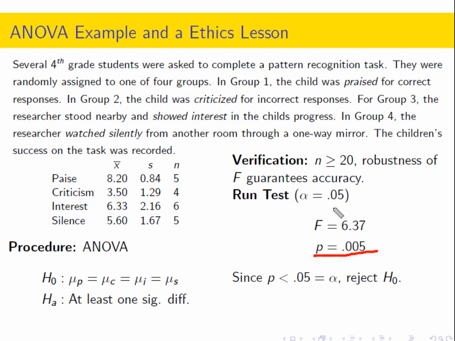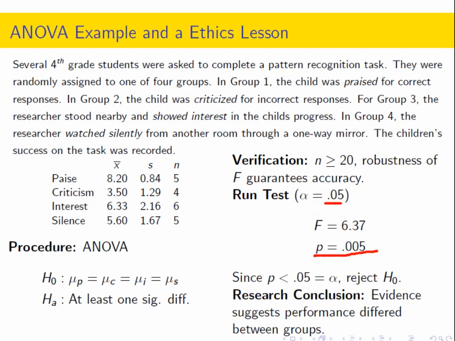It's lower than the default alpha of 0.05. And our research conclusion is that evidence suggests that there was differential performance, right? The null hypothesis was that all of these samples were drawn from identical distributions, but evidence suggests that's not true. So what seems likely? Well, it seems like the performance was different in different groups.